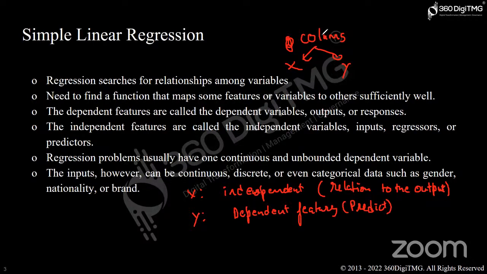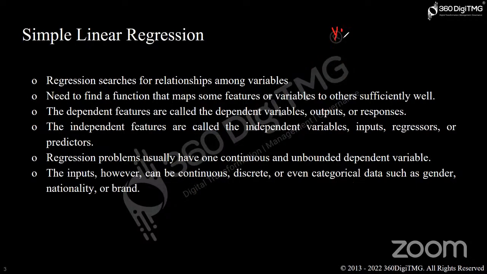Now here, the important point to remember is that our y is going to be continuous. X can be anything. It can be continuous, it can be discrete, or it can be a combination of these two.